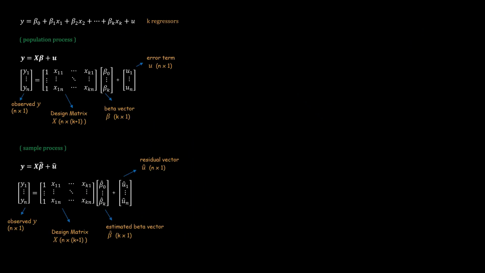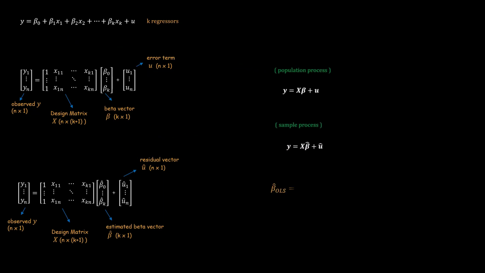I'm going to start with the form of multiple linear regression that we saw previously. It's better to use matrix notation in the case of multiple linear regression as it's more compact. So here is our OLS estimator.